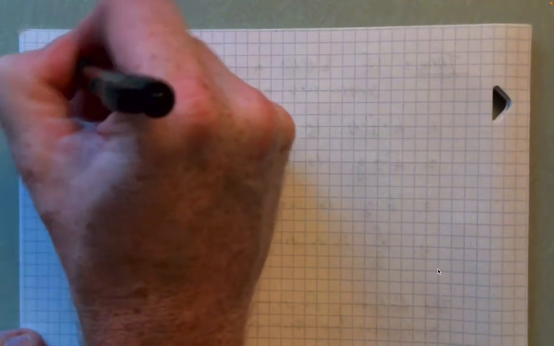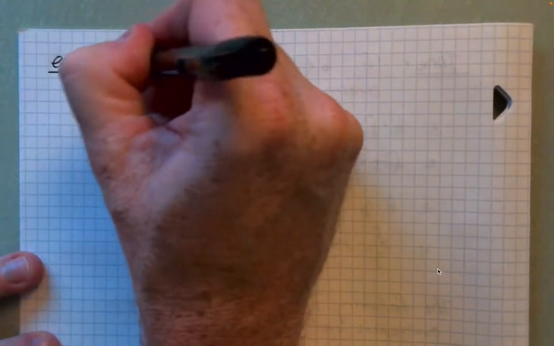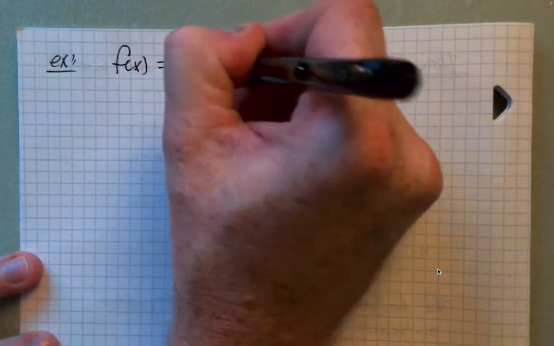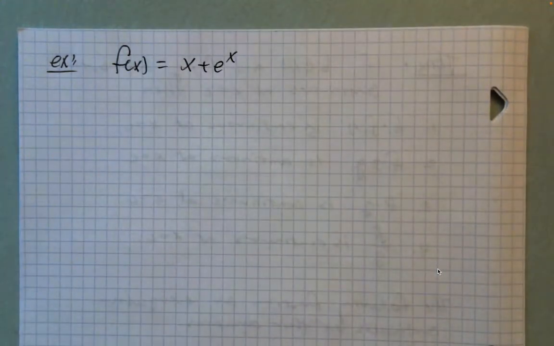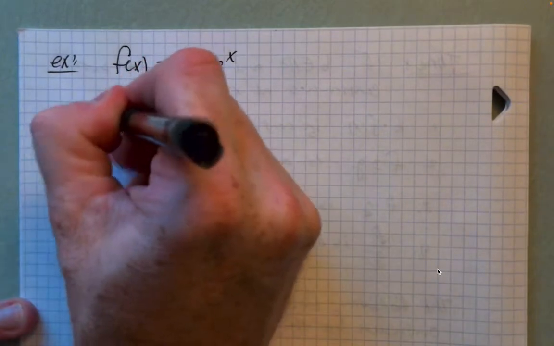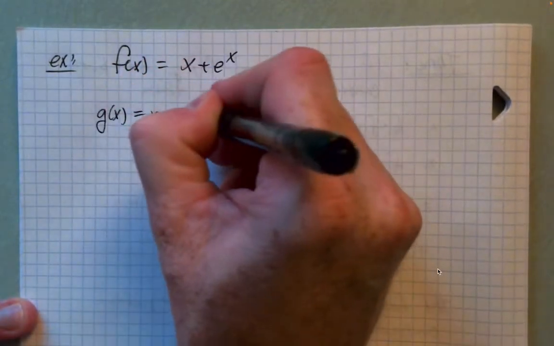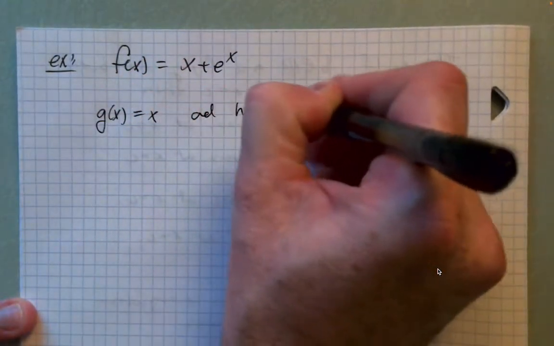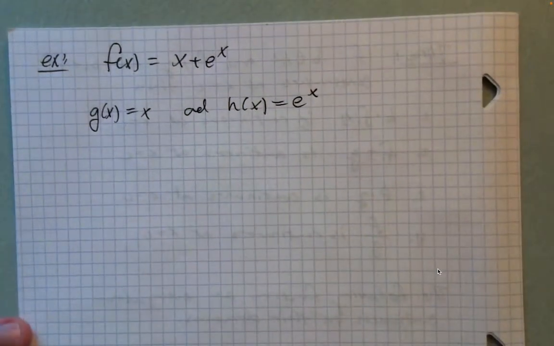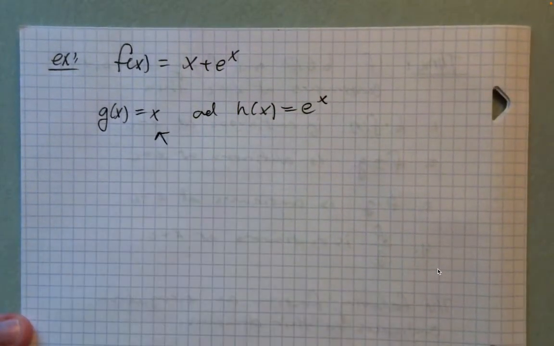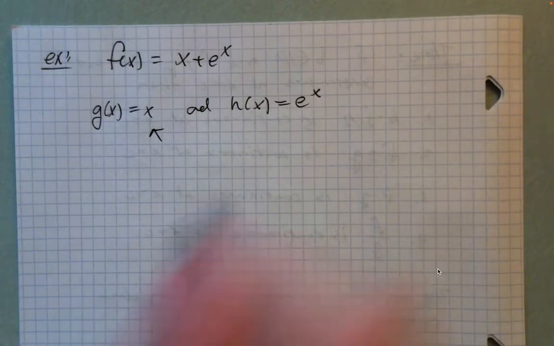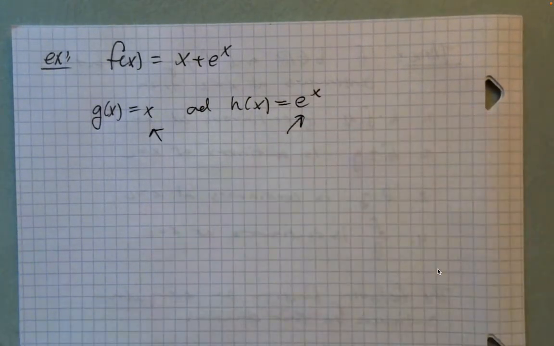So let's see an example of a more exotic function. So something like this. What can we say about that? Is a function like this everywhere continuous? Well, you can think of this as g of x equals x and h of x equals e to the x. Now this one is everywhere continuous, right? And this one as well. Nothing to worry about with e to the x.